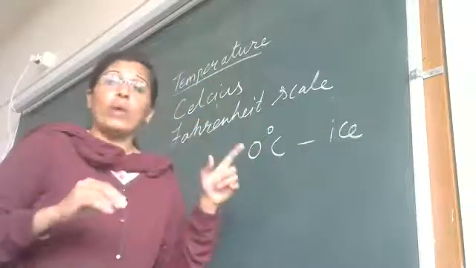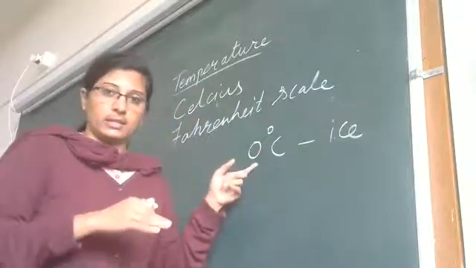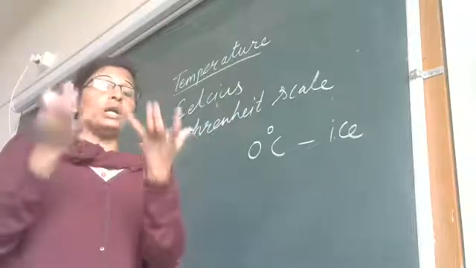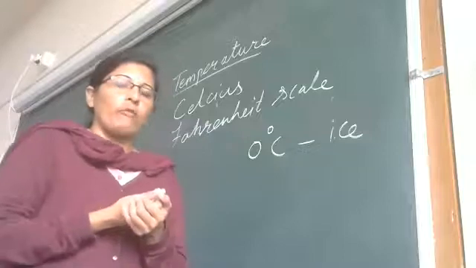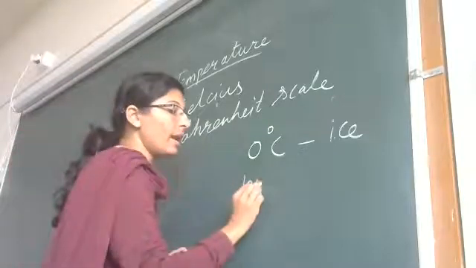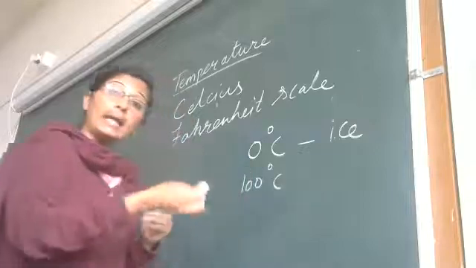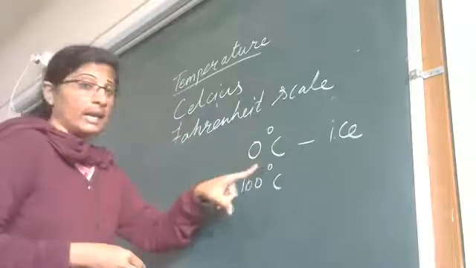When the temperature becomes 0 degree, water becomes ice, and when the water starts boiling, you have observed, it is 100 degrees Celsius. Like that, here Celsius scales are there.